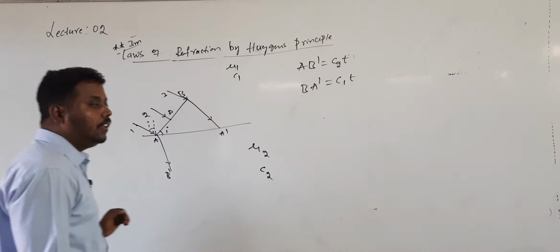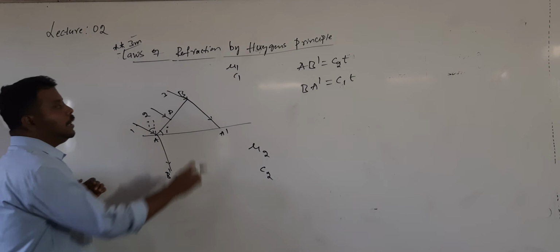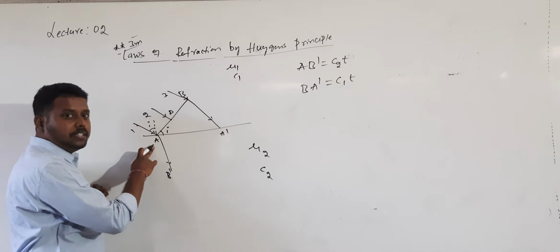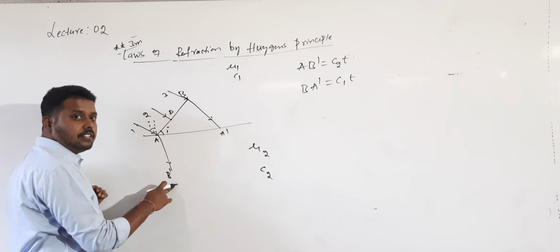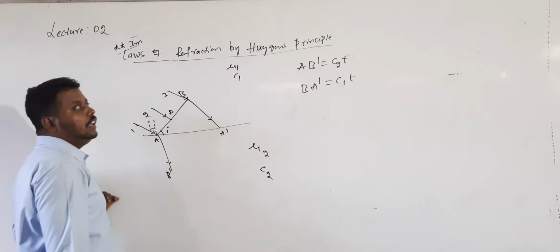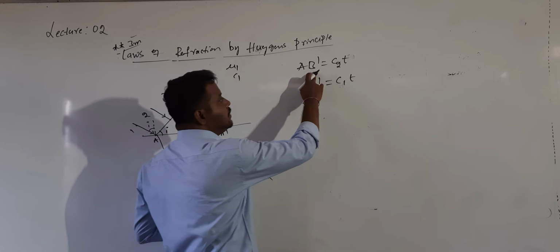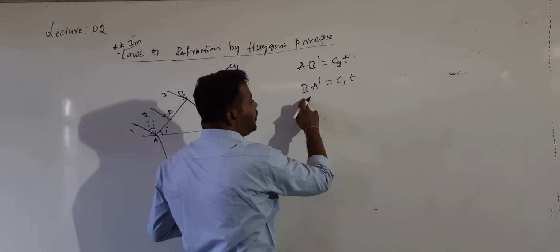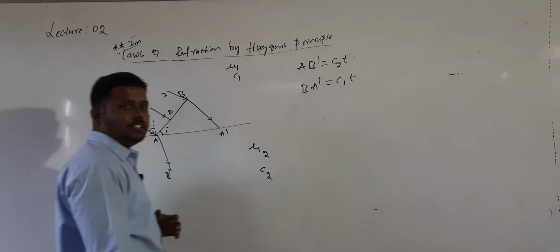When the medium is the same, light coming from B and A would travel the same distance. But now the medium is not the same, so they do not travel the same distance. Light from A travels the distance AB', and light from B travels the distance BA'.